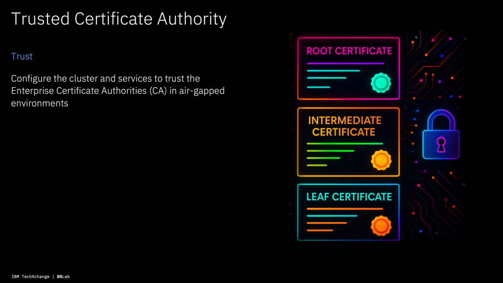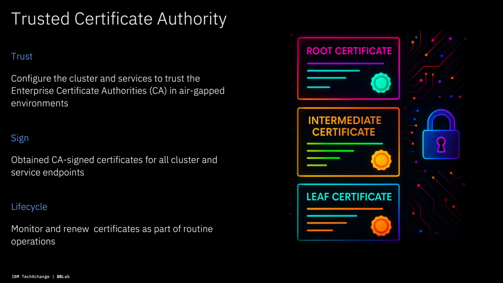Every endpoint, from the registry server through to cluster ingress points, needs signed certificates issued by the enterprise CA. And don't forget to plan certificate renewals. Operations teams need to track expiration dates and renew certificates well in advance. Expired certificates cause service outages.